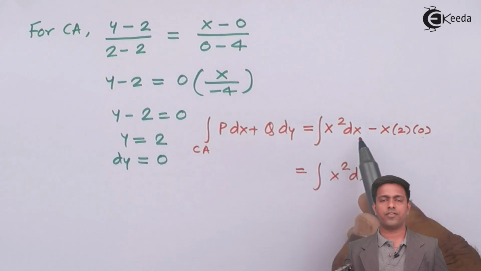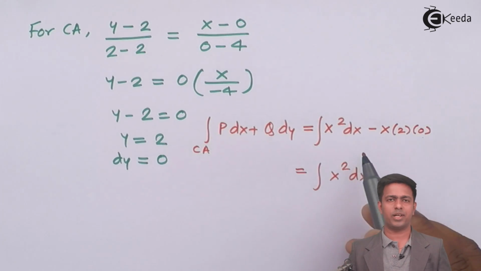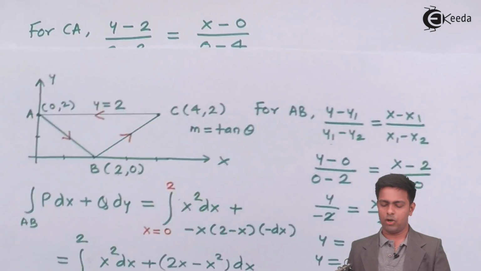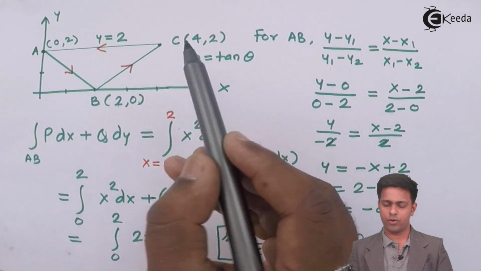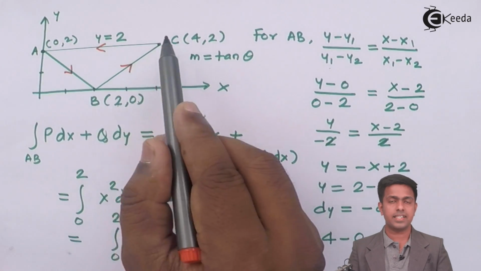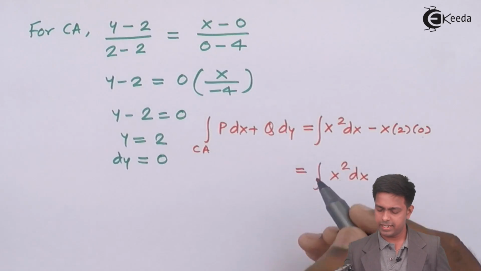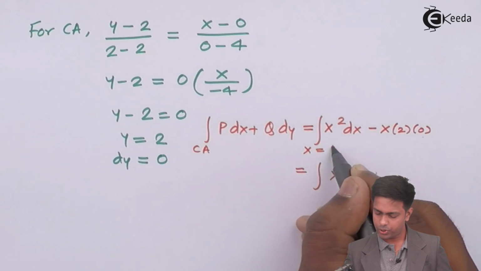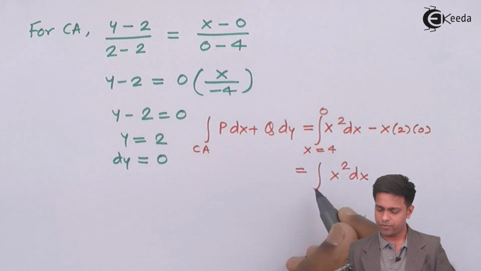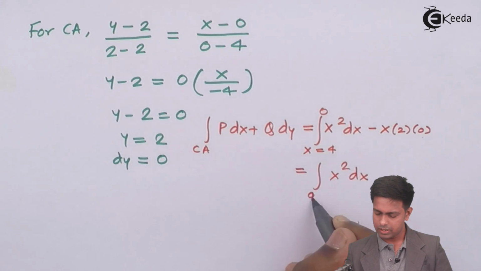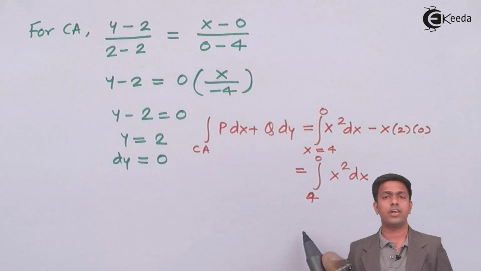So this is integration with respect to x, so we have to find out the limits of x. Now along CA, if you'll see from C to A, the x is varying from 4 to 0. So here I'll say x is from 4 to 0. So let's find out integration, guys.